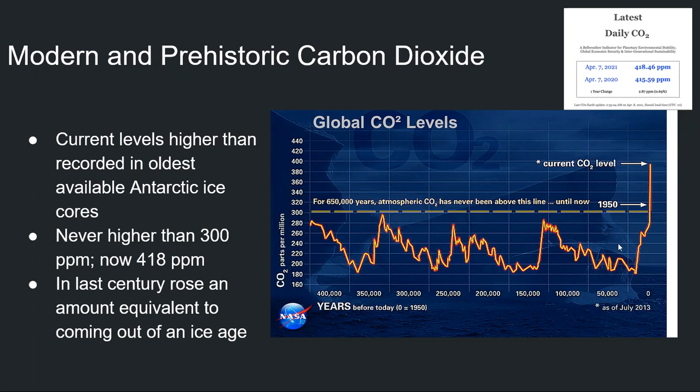So for as long as Homo sapiens has been walking on the Earth, there have never been levels of CO2 in the atmosphere as high as nowadays. If you go further back in time, like at the time of the dinosaurs, millions of years ago, when the Earth was nothing like it is today, we had much higher levels of CO2 in the atmosphere.